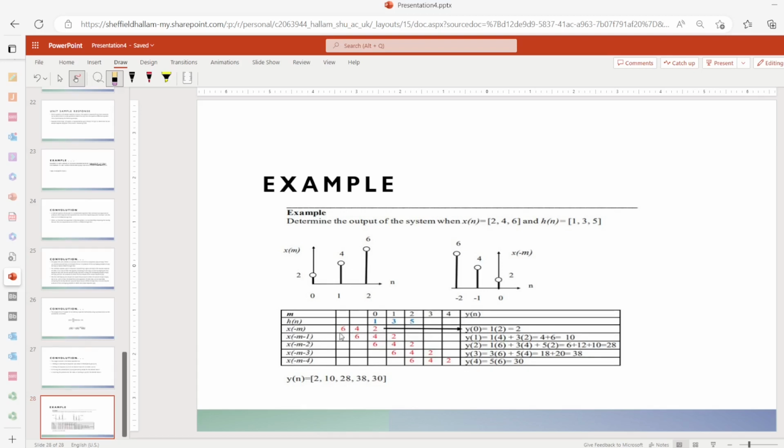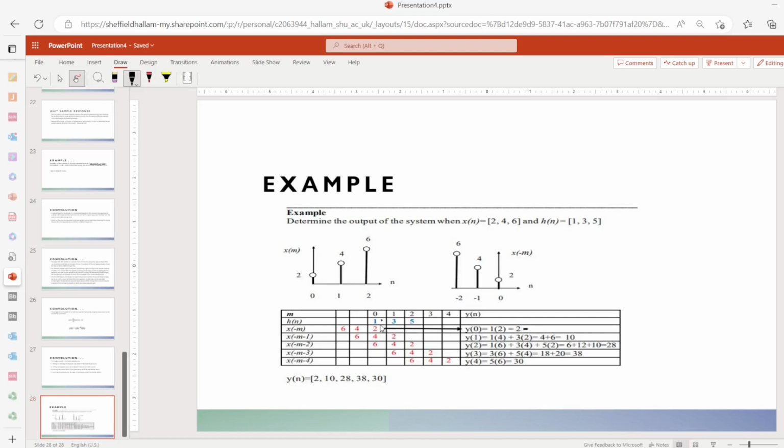Here what we'll do is multiply the first value of x of minus m with hn: 2 times 1 is 2.